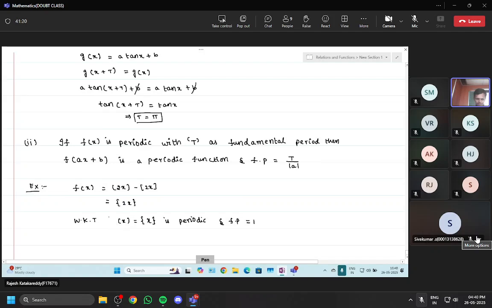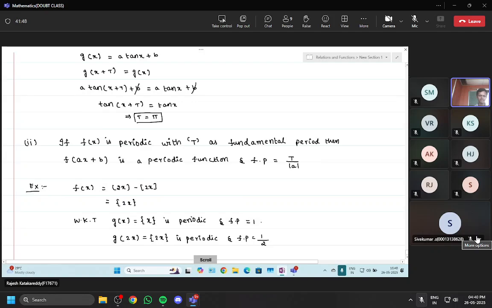If I am multiplying 2 to this, I can say that g of 2x equals the fractional part of 2x is periodic, but there is a change in fundamental period. The fundamental period becomes 1 divided by how much you are multiplying. Clear? So the fractional part of 2x is also periodic, but its fundamental period is 1 by 2.